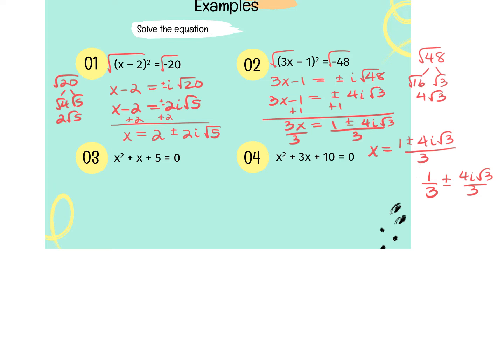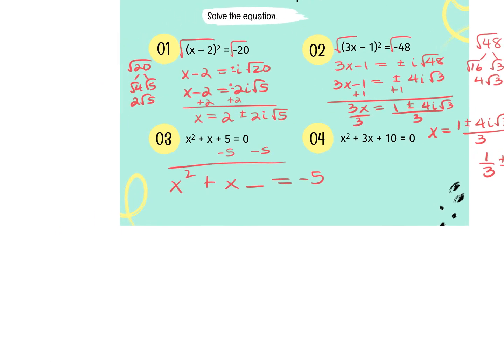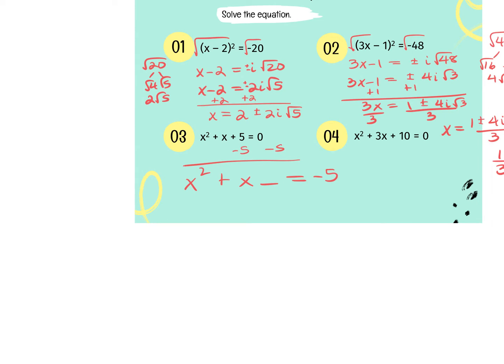So remember, for completing the square, we need to move the constant to the other side. We're going to make a nice little blank space for it. So here's my blank space, minus 5. Remember, the next step is to take the b term, and my b term is 1. Divide it by 2 and square it.